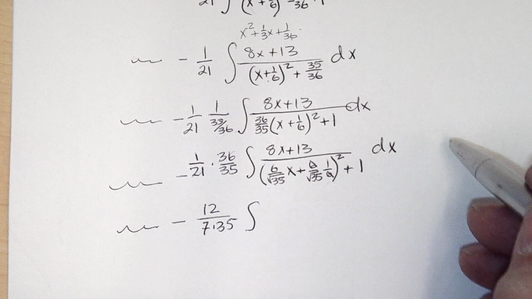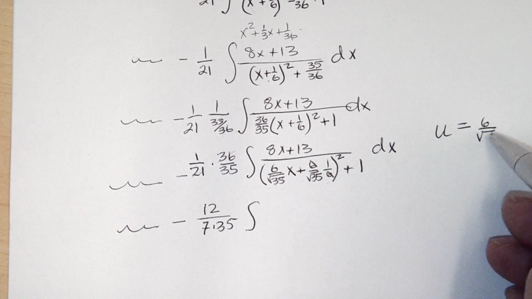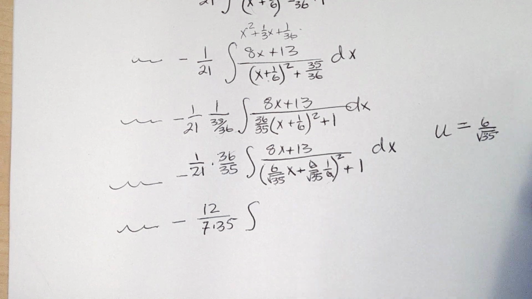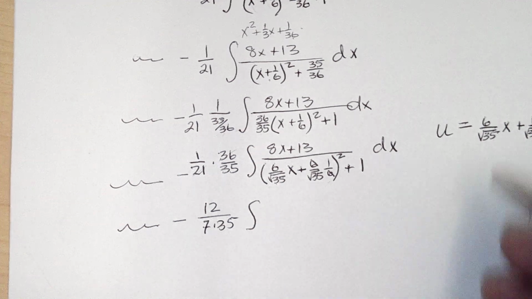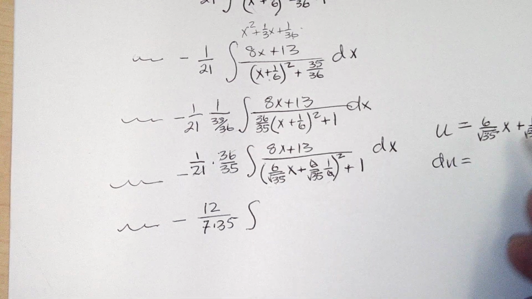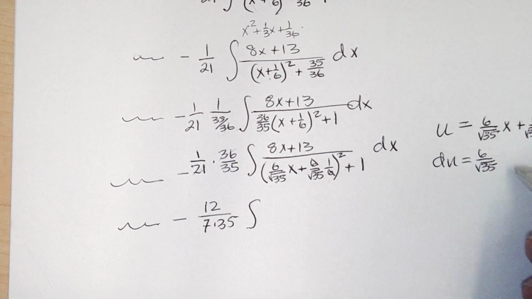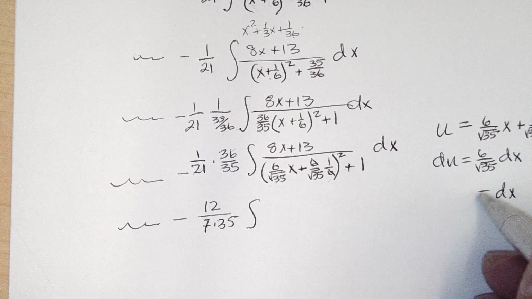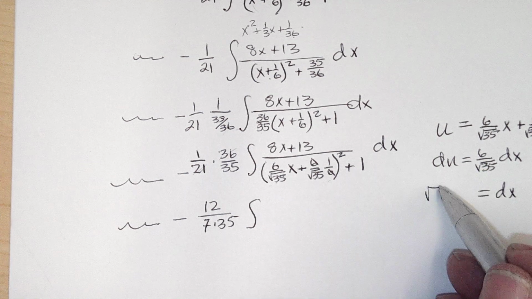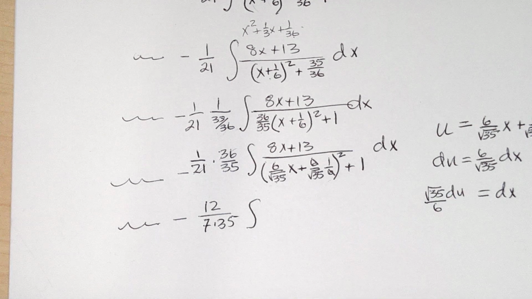I am going to do u sub for that. u equals 6 over the square root of 35 x plus 1 over the square root of 35. So du is going to be 6 over the square root of 35 dx. So dx can be replaced with square root of 35 du over 6.